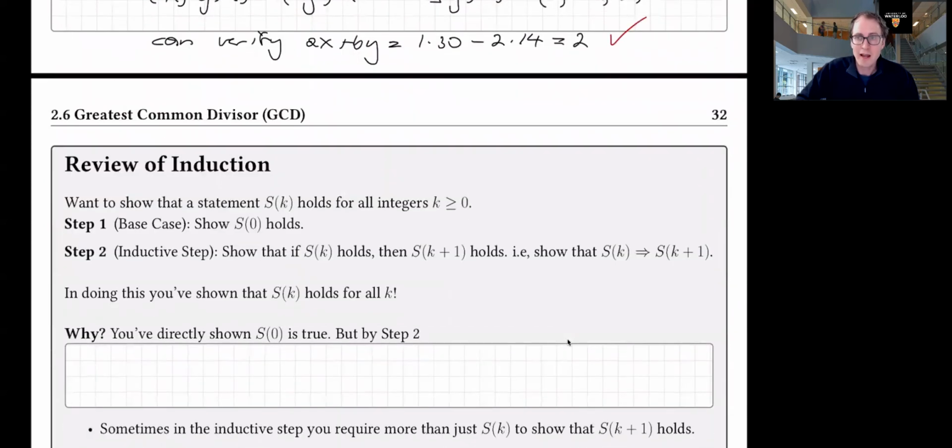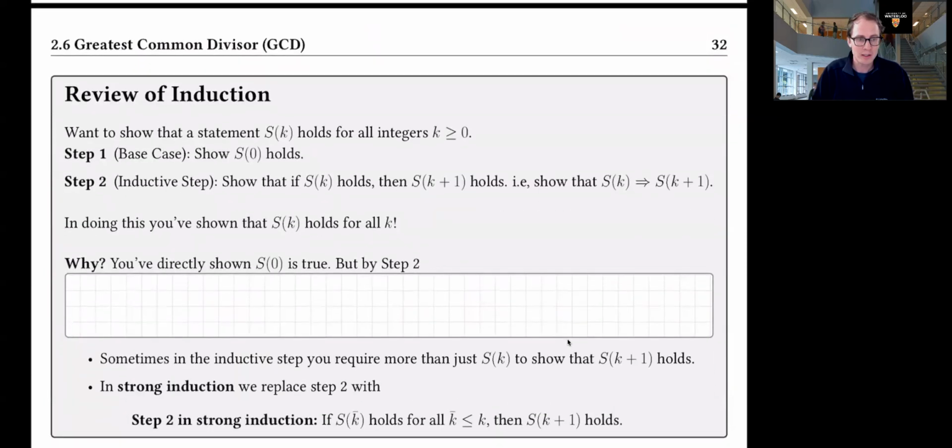So now I talked about above that we would apply induction in order to prove the extended Euclid algorithm was correct. Let me just quickly review induction for those of you who haven't seen it in a while. So if we want to show some statement, I'll call it S of k, so it's some statement that's a function of an integer k, holds, and I want to show it holds for all integers k.